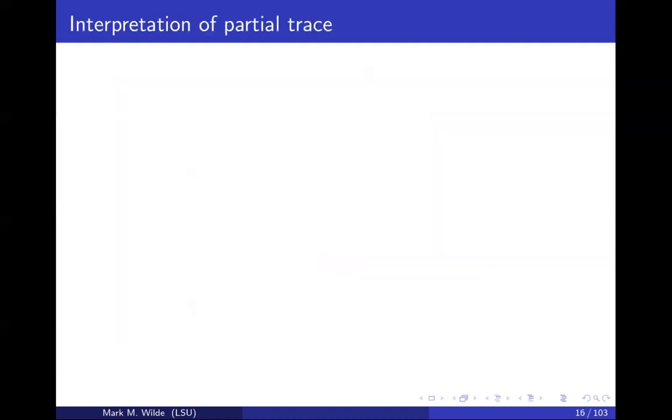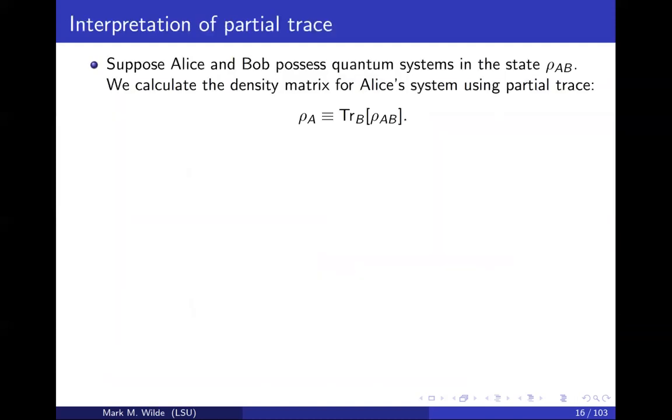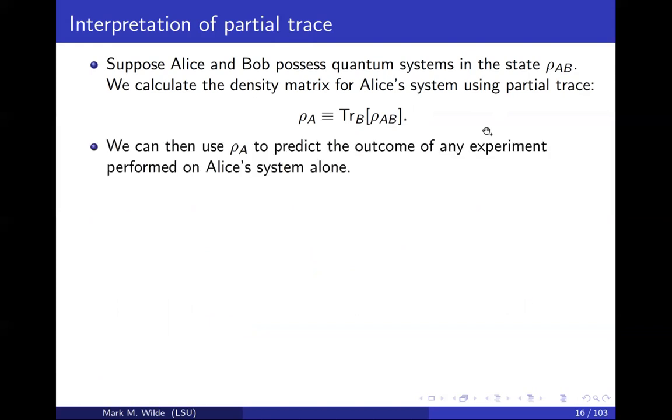And then here's the interpretation: suppose that Alice and Bob possess quantum systems described by the state rho AB. The density matrix for Alice's system you get by doing a partial trace over Bob. And then you can use this density matrix to predict the outcome of any experiment performed on Alice's system alone.